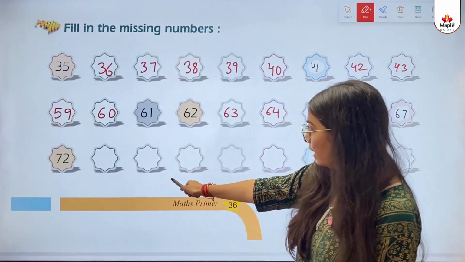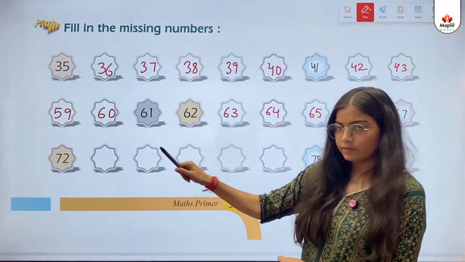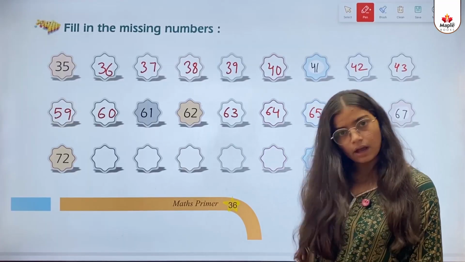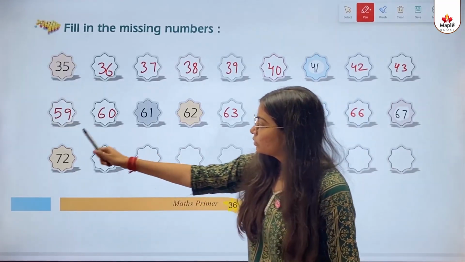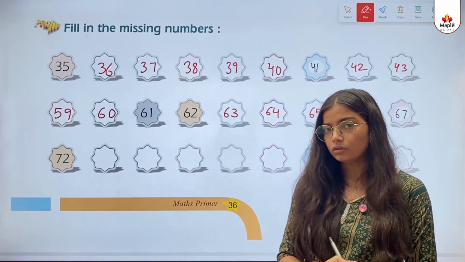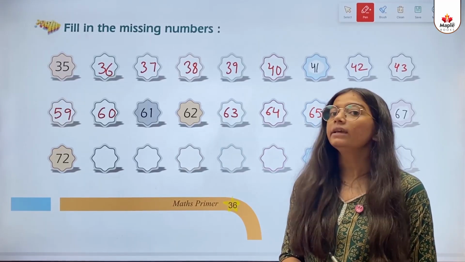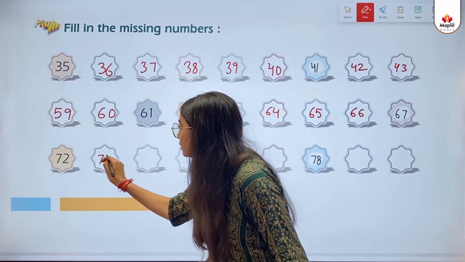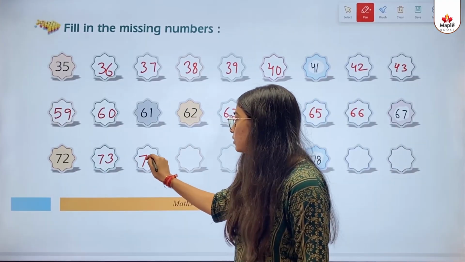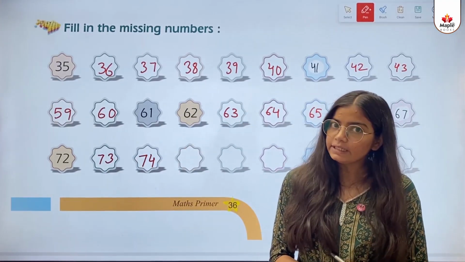Then in another row, we have another sequence. We have to fill the numbers accordingly. So first one is 72. What comes after 72? That is 73. 74.